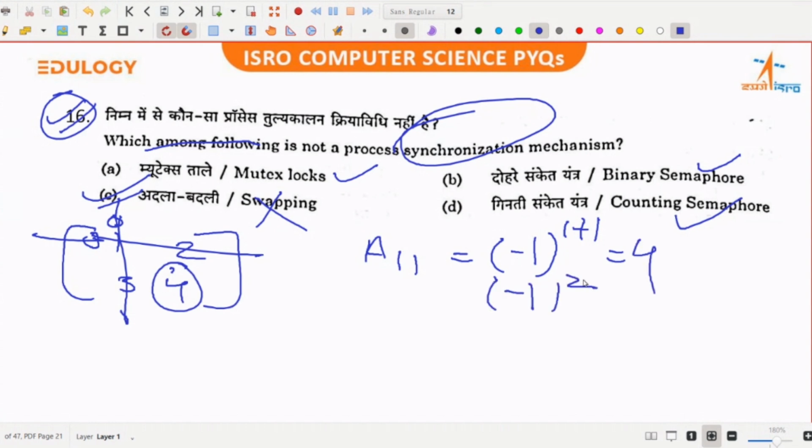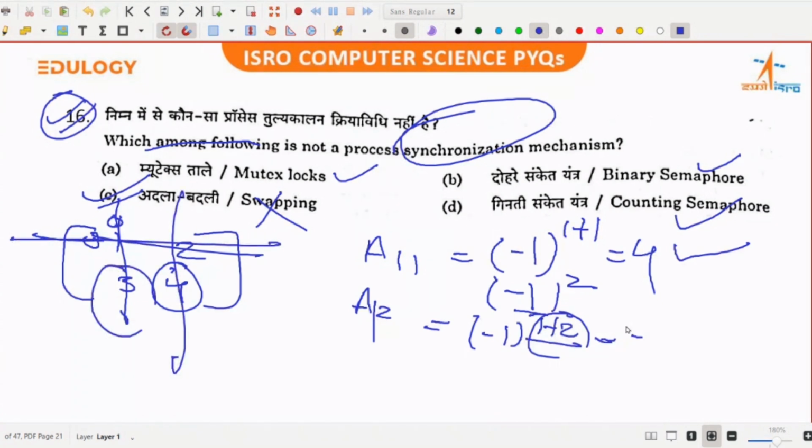Minus 1 to an even power is positive, that's why only 4. Then A12 is minus 1 to the power 1 plus 2, which is odd, that's why I am adding the minus. For A12, first row, second column, the remaining element is 3. Write it here and add the power accordingly: if even power, leave the minus; if odd power, take the minus. Understood?